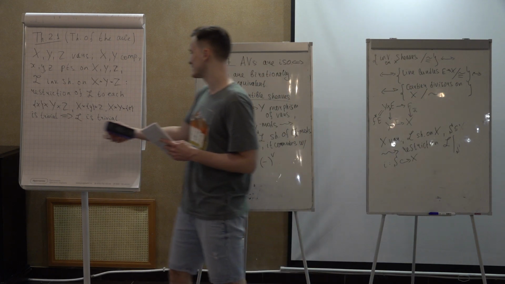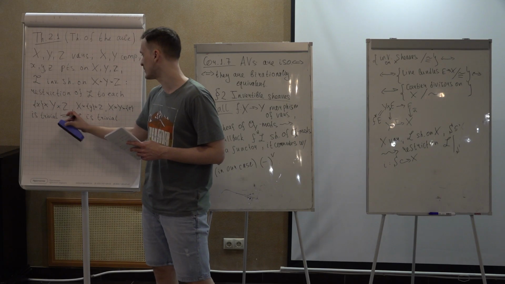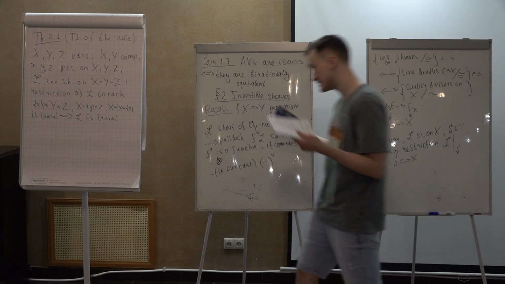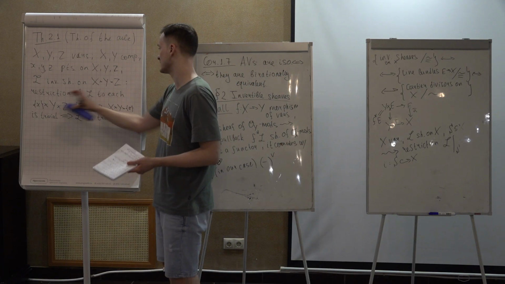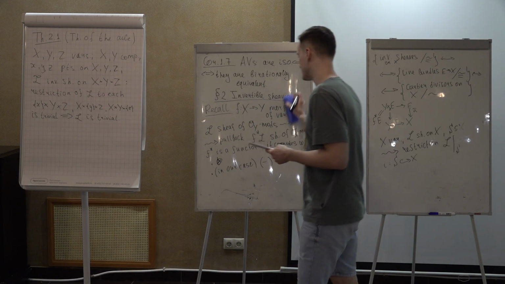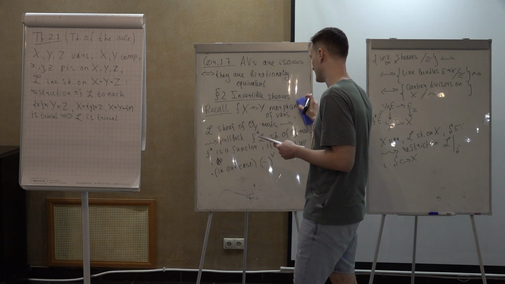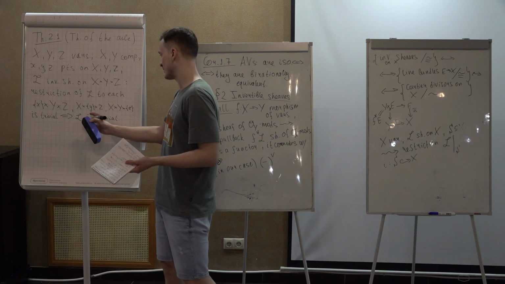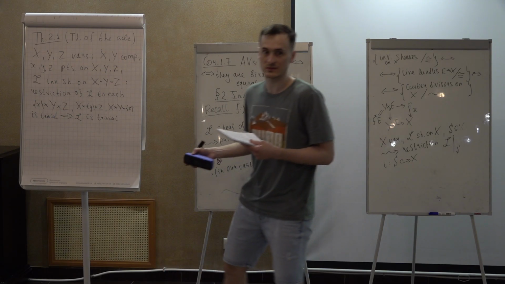And of course, I can also write if and only if. So if L were trivial on the whole X times Y times Z, then it would be trivial on each restriction. This direction is straightforward.